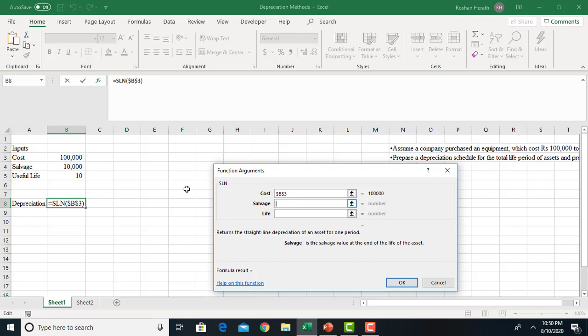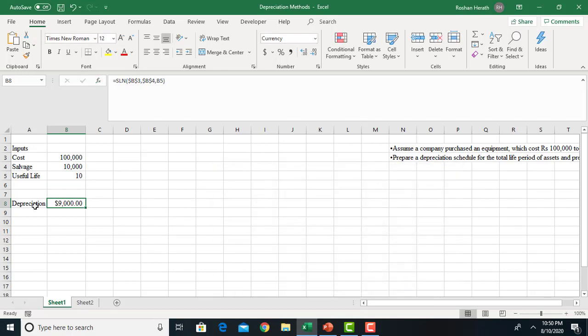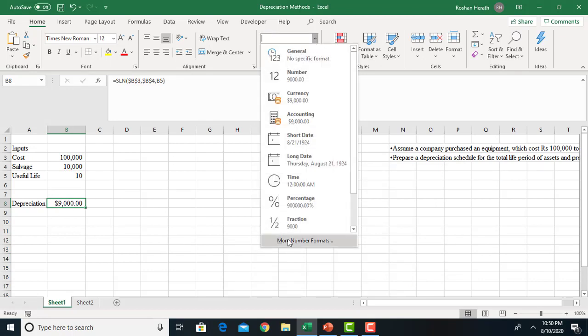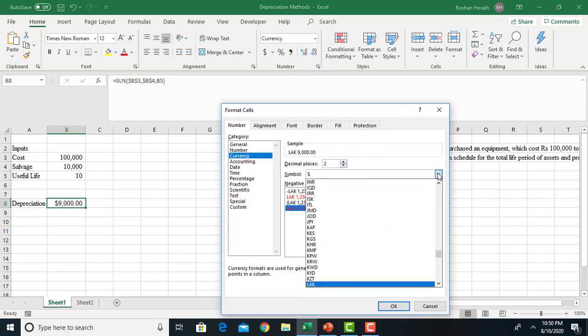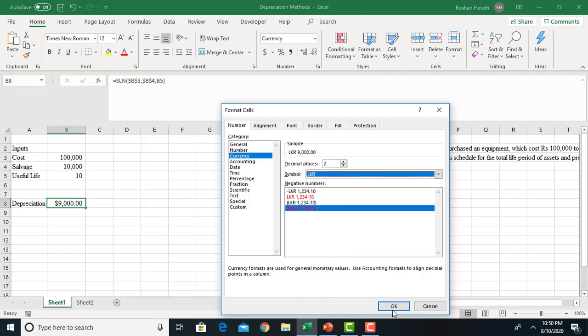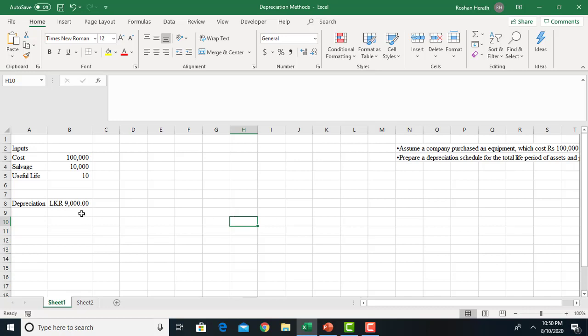The salvage, the residual value, is 10,000. The life is 10. So here it gives you the depreciation per annum, that is 9,000. You can format the currency, so we may take that to the LKR, Sri Lankan rupees. Right. So the annual depreciation we have computed is 9,000.